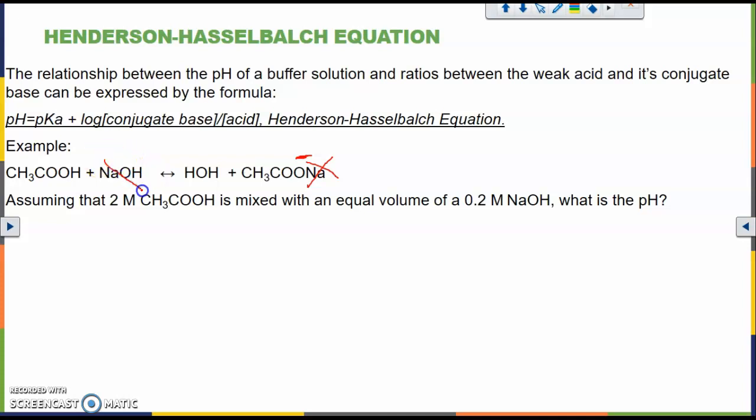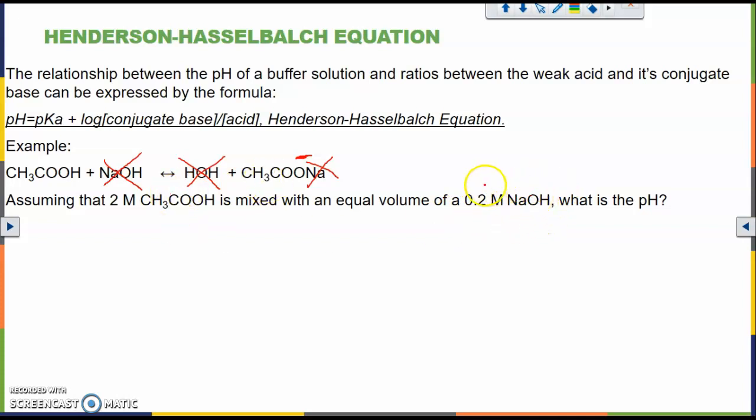In some cases, buffer solutions do not show you the sodium hydroxide again, because it was the limiting reactant, and you have excess of this plus excess of that at the end, right? This is the acid again, and then we're adding 0.2 molar sodium hydroxide. What is the pH?